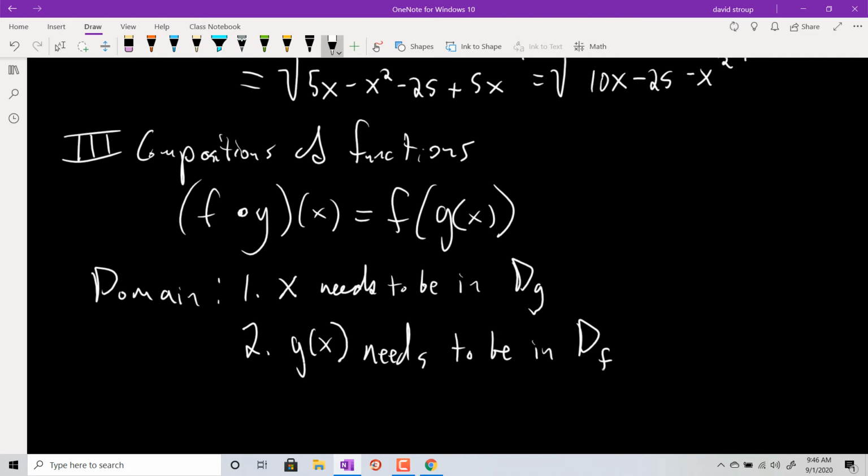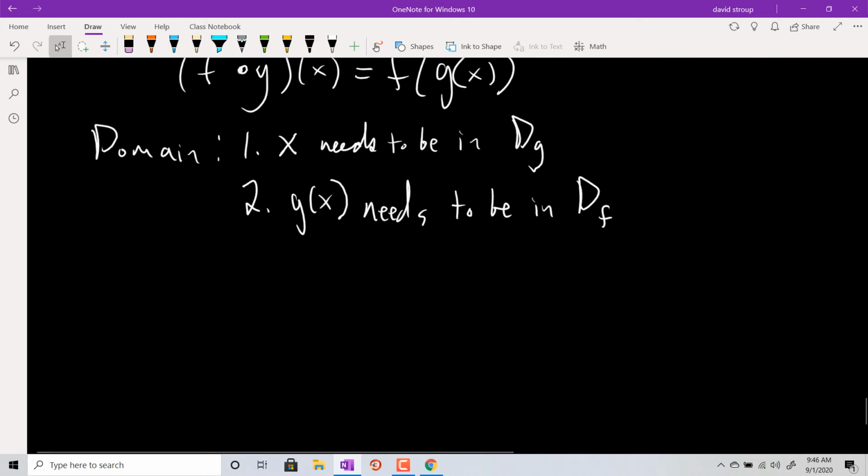So if g of x causes a negative under a radical, or if it causes division by 0, you need to avoid it. You need to throw out the x which causes g of x to cause that bad issue from the domain. Okay, so let's first just work with maybe building some composites.